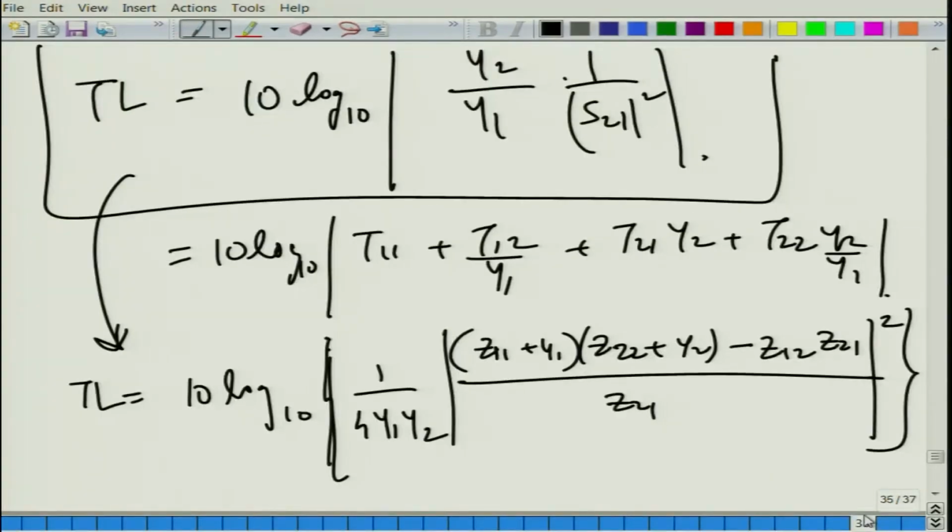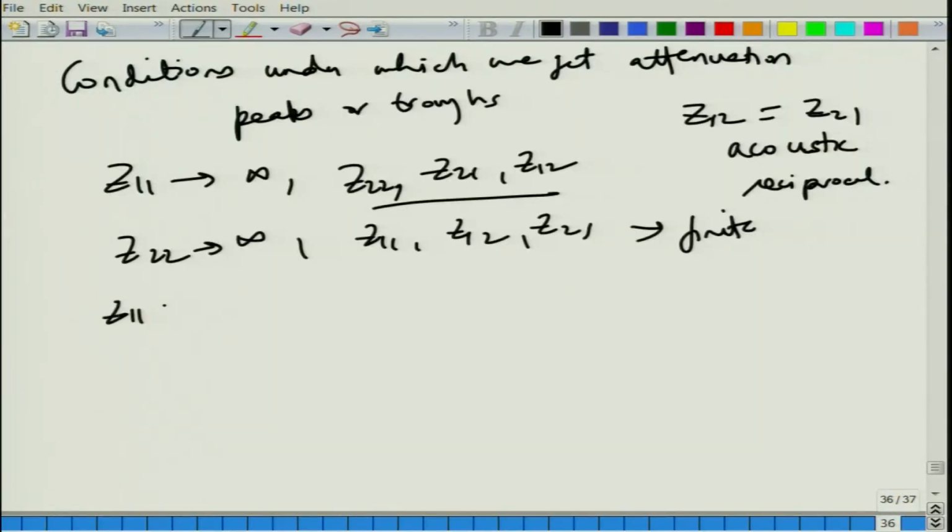The other condition is that Z11 and Z22 both are tending to infinity, but Z21 and Z12 are finite. Such a case is a little rare, but it does happen. This can actually happen very frequently by just optimally locating a certain port, so that a certain mode is excited by one port, but the other port does not excite that particular mode.